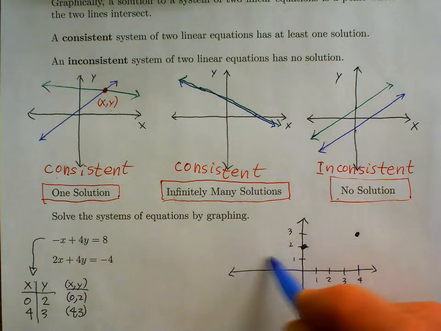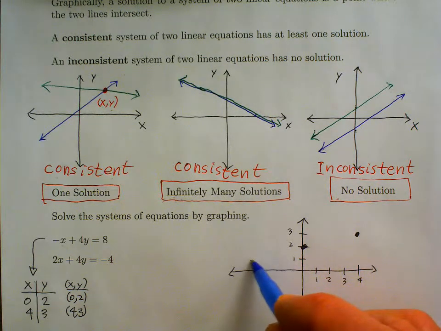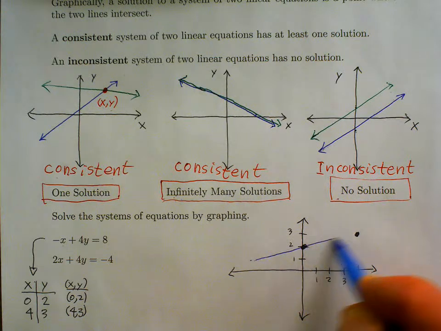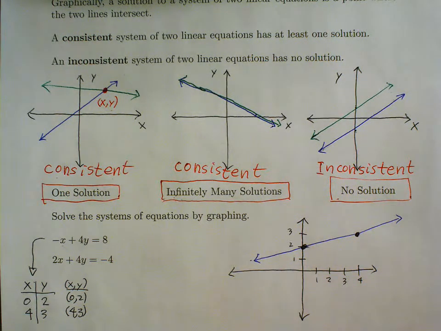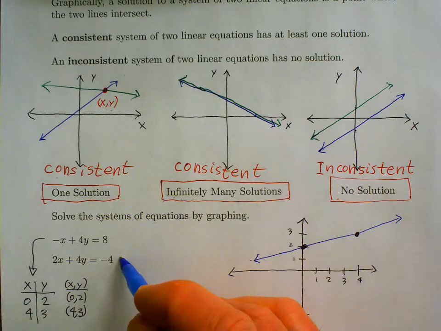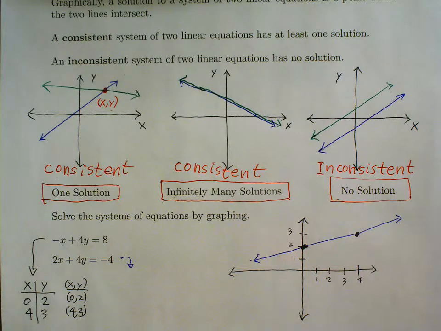So I'll make this line blue. Okay, now let's find a couple of points on the other line. So we need 2 ordered pairs.